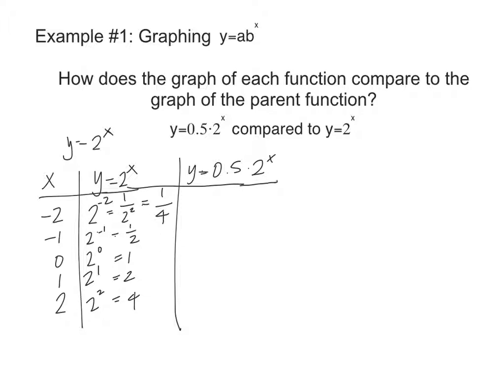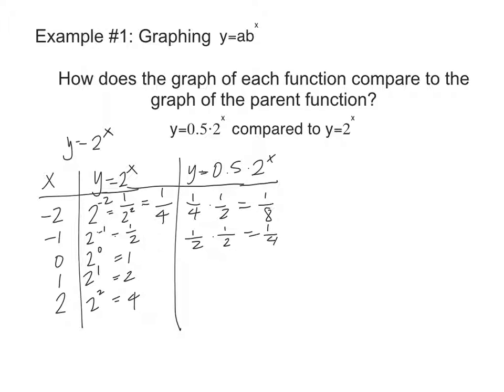So basically all I have to do is take all those and multiply times 1/2. So I have 1/4 times 1/2, that's going to give me 1/8. 1/2 times 1/2 is 1/4. 1 times 1/2 we know is really 1/2. But I could show that.